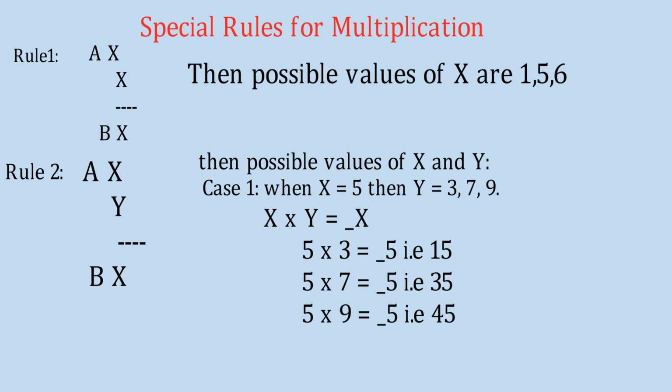So when X equal to 5, let us put Y as 3, 7 and 9. 5 into 3 gives 15, 5 into 7 gives 35, and 5 into 9 gives 45, each ending in 5. So this is the first case.